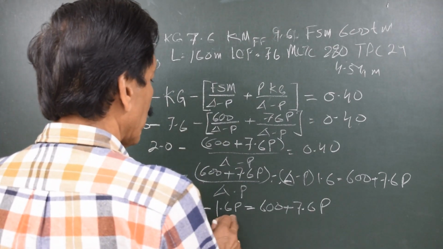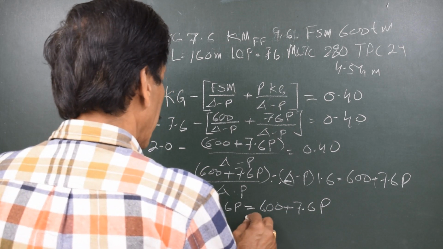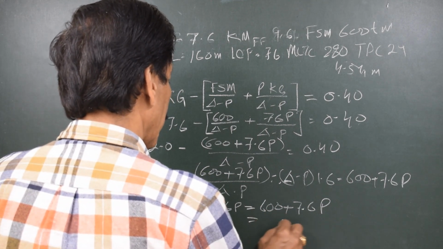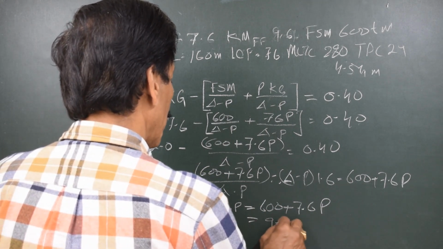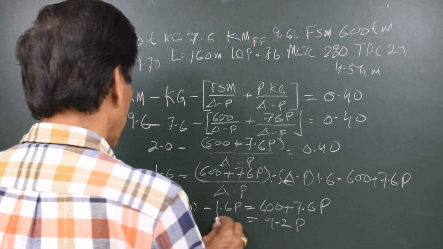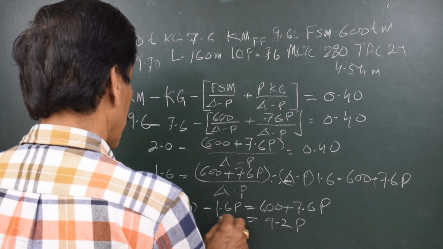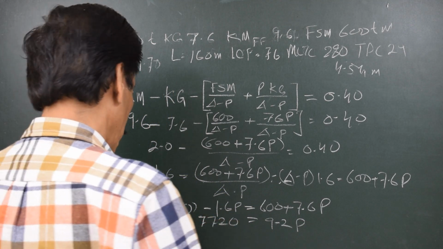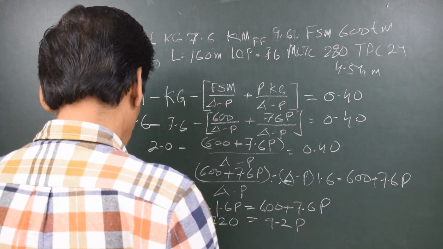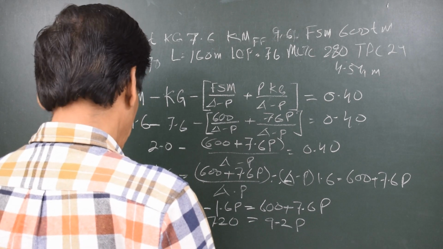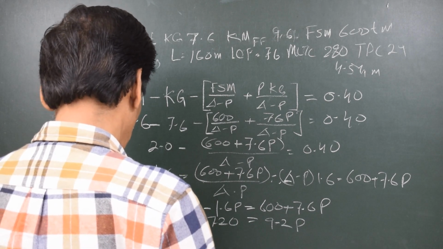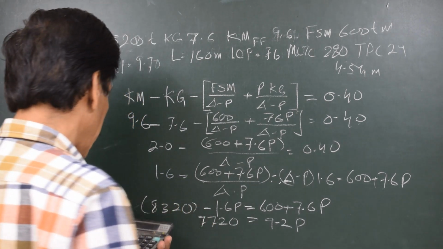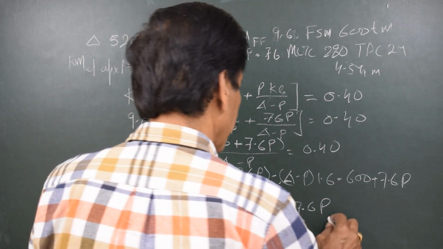This minus 1.6 P goes on the other side. It becomes 9.2 P, and 600 comes on this side, so it becomes 7720. 7720 divided by 9.2 gives me 839.1.